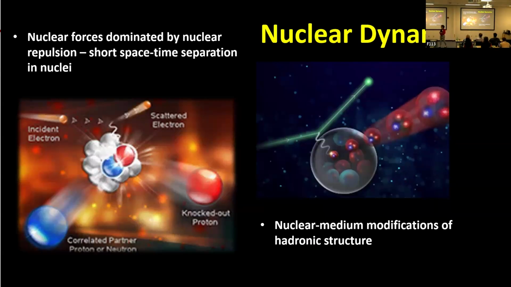Finally, the last few slides that I have are about nuclear dynamics, which is also a very big part of the program of JLab. Why do we want to understand nuclear dynamics? Of course, we want to understand the transition between the quark description and the hadron description of nuclei, and we want to understand better the nuclear force.